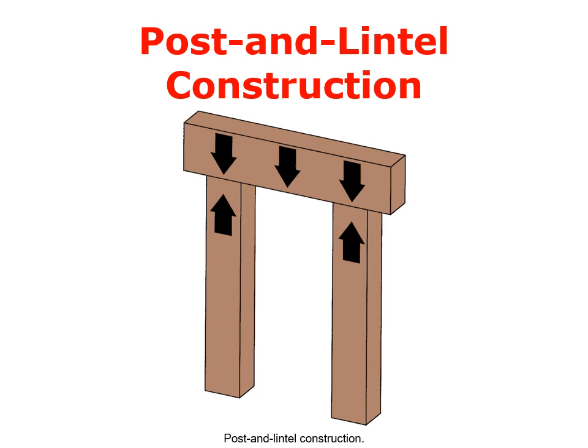So the first construction method that we'll look at is post and lintel. Post and lintel is simply two columns, the posts, and then the lintel up top. The lintel sits on top of the posts. Pretty straightforward. And of course the roof is held up by the lintel.